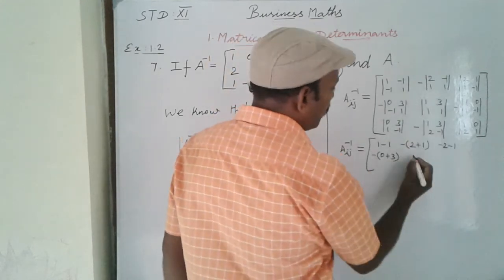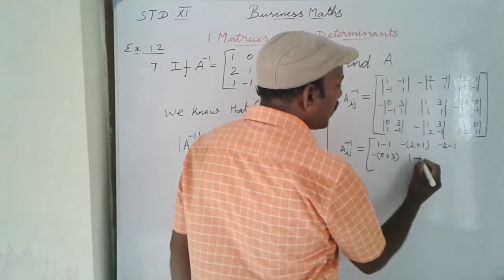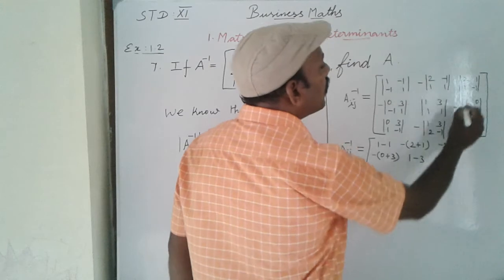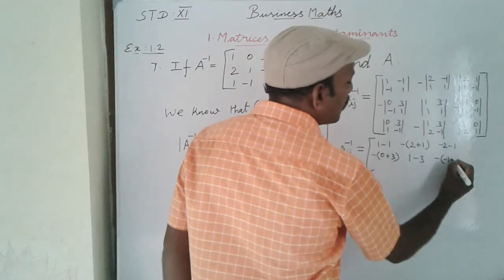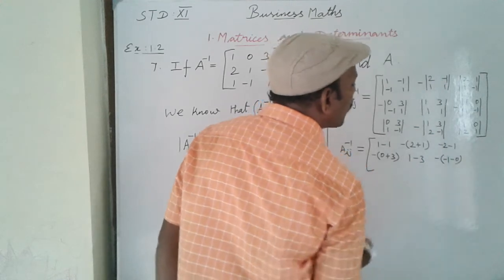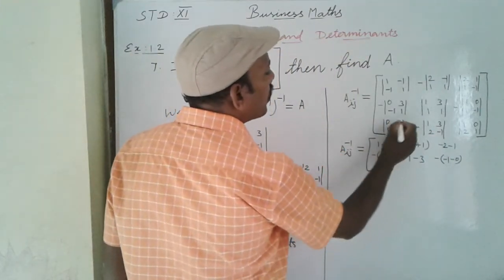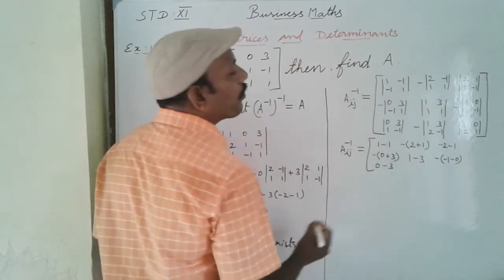Next 1 into 1 is 1, 1 into 3 is 3, minus is the symbol, 1 minus 3. Minus of 1 into minus 1 is minus 1, 1 into 0 is 0, minus 0. Next 0 into minus 1 is 0, 1 into 3 is 3, here is the minus symbol, so minus 3.